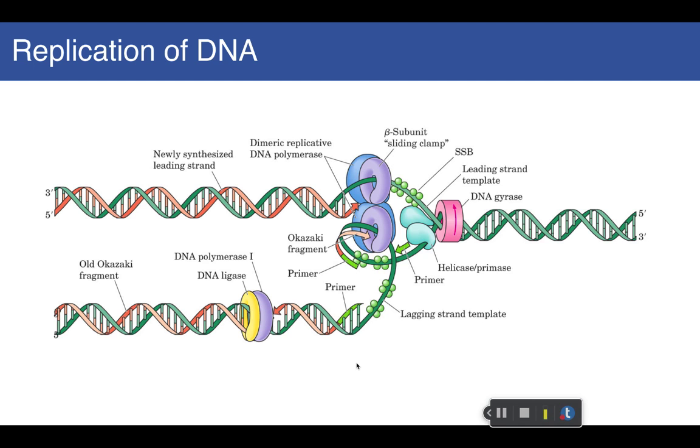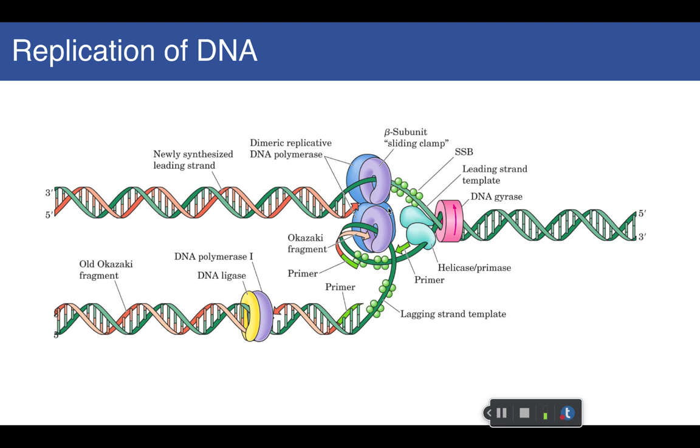The last element of the central dogma is replication. Replication is when one cell is dividing into two cells, and we need to make two copies of the DNA. So the DNA opens up, and we make copies on both strands, the leading strand and the lagging strand. From there, we end up with two copies. There's a DNA polymerase and what's called a replication fork that occurs as we open up the DNA.